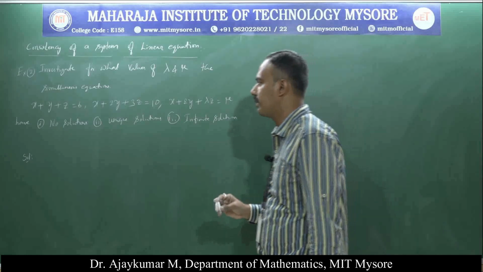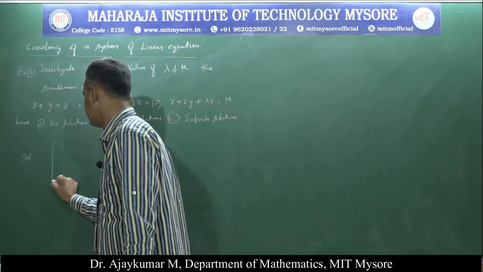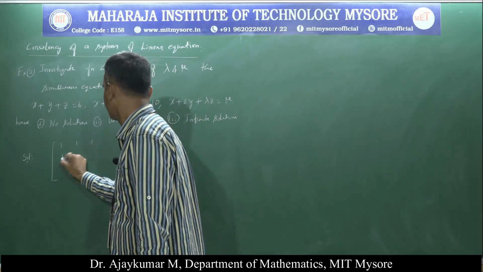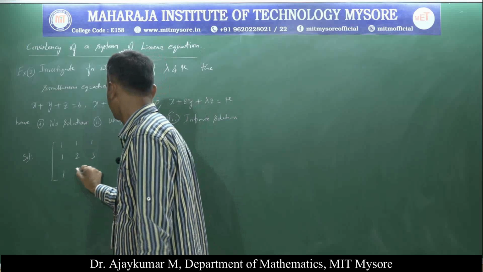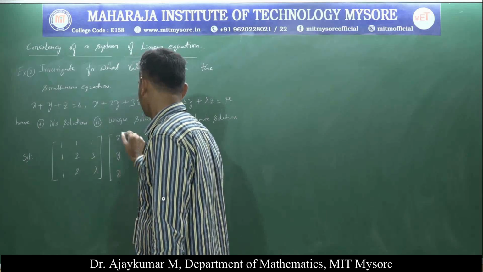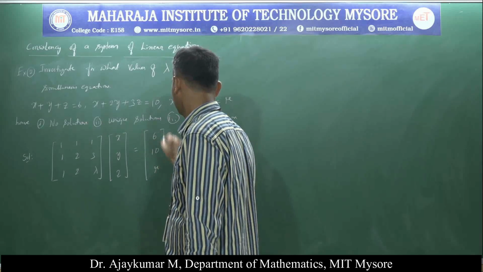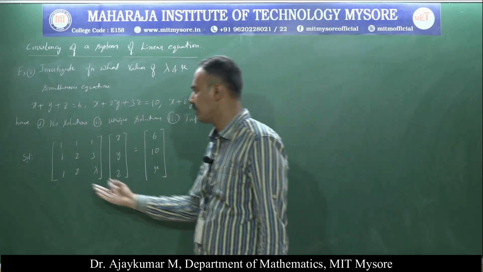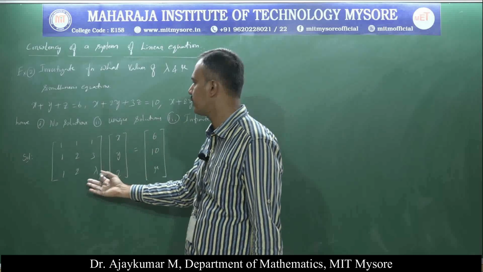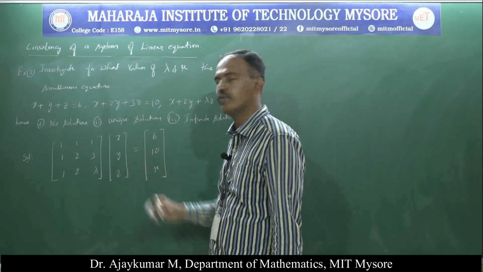We denote the matrix A elements, the left-hand side of all three equations, as the coefficients, and the three unknowns x, y, z.